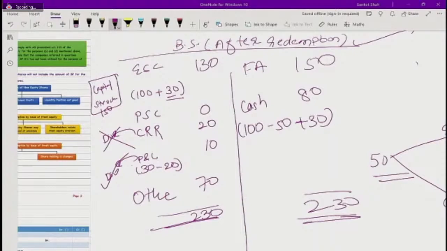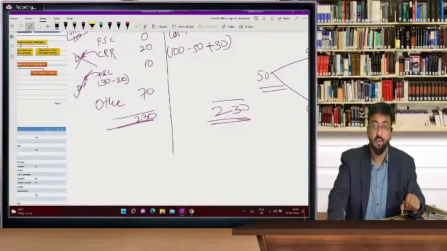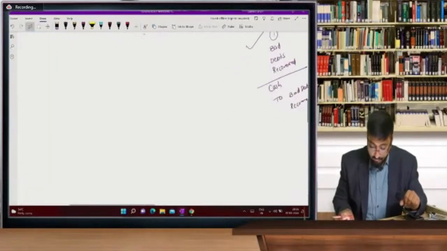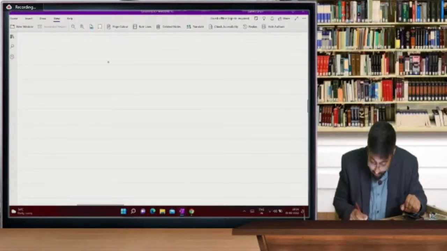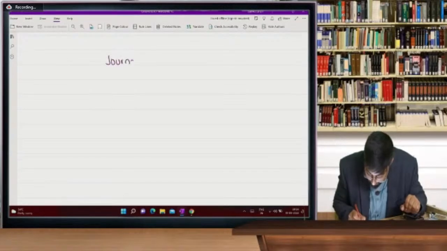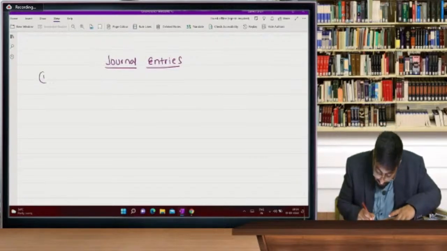Chalo. So now let's see journal entries. Journal entries, write down. Journal entry number 1.